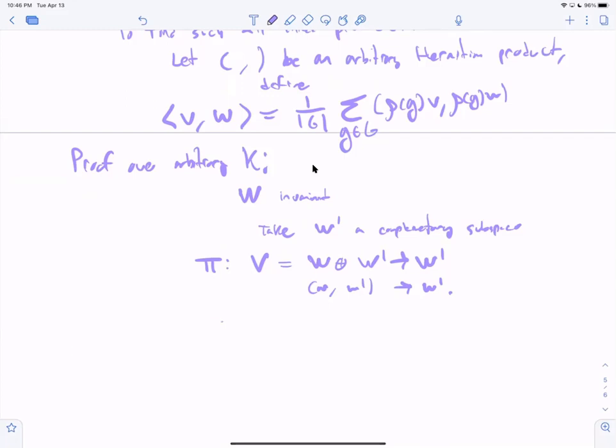I'm going to look at just the sum, so 1 over G. I'm going to divide by G. Okay, so let me take the projection onto W. Sorry, that'll be better. So I'm going to use W as already G-invariant.